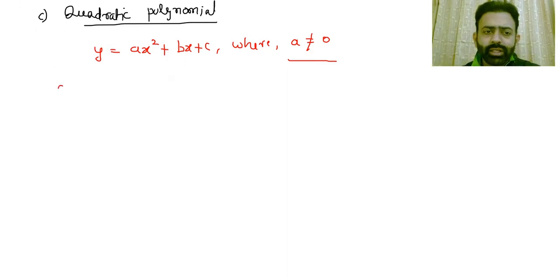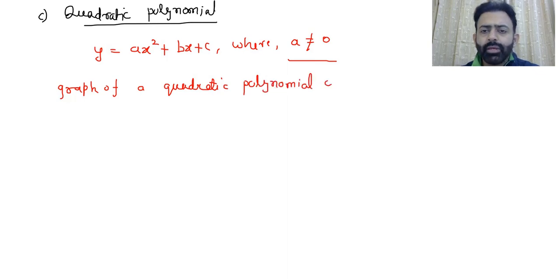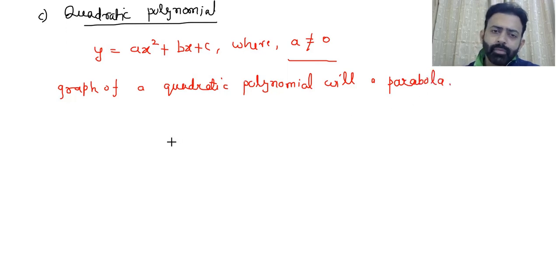So I would say that the graph of a quadratic polynomial or function will be a parabola, okay? It will be a U-shaped curve or an inverted U-shaped curve depending upon the value of a, okay?